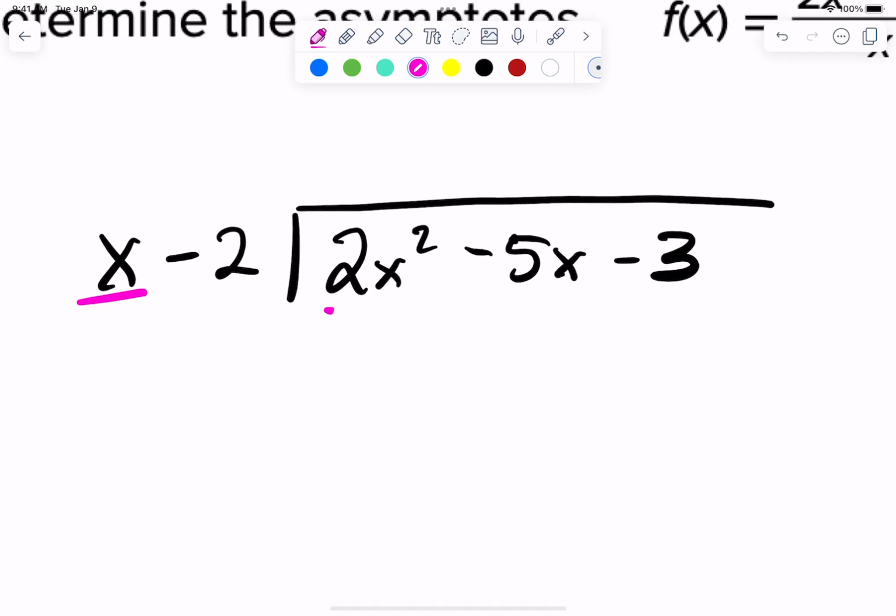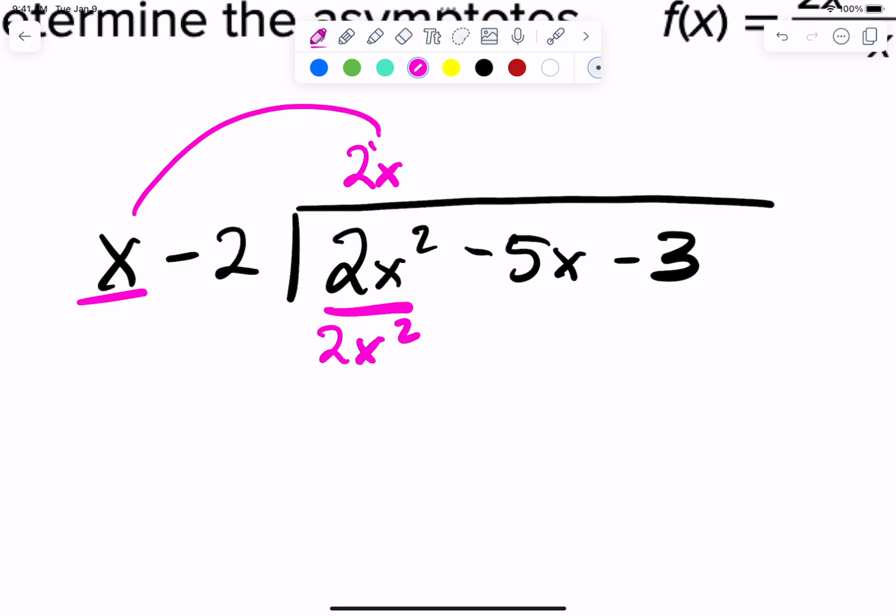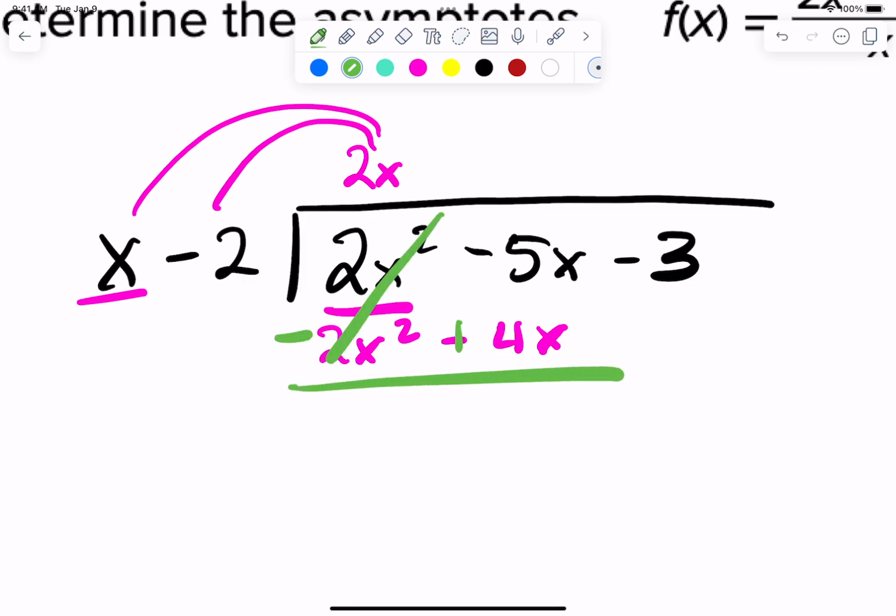What do you take times x to get 2x squared? 2x. 2x, he goes on the top. Now multiply him back through. 2x squared, 2x times negative 2, minus 4x. Then you switch the signs, minus plus. That's gone. Okay, how many x's do you have? Negative 1x. Drop the 3 down, minus 3. What do you take times x to get negative 1x?